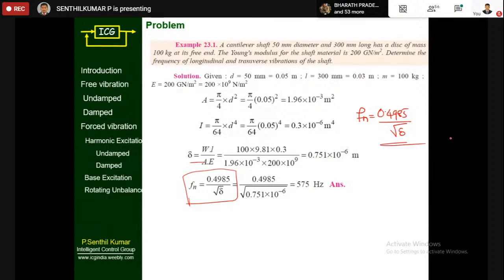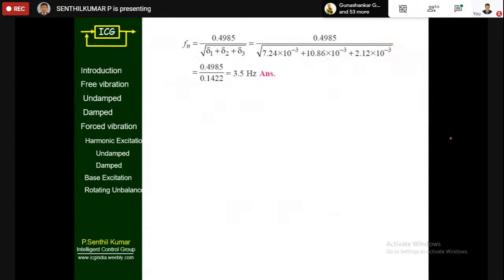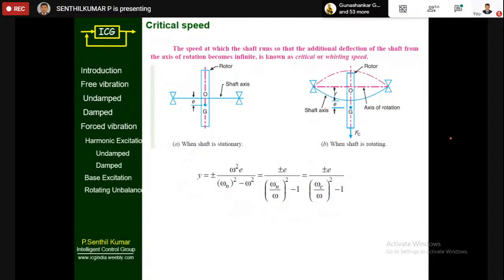When you substitute, you will get the frequency. Whatever the beam, cantilever beam, simply supported beam, fixed beam, overhanging beam, you find the deflection, then apply it in the frequency formula and you will get the frequency. There are around 4 to 5 problems.